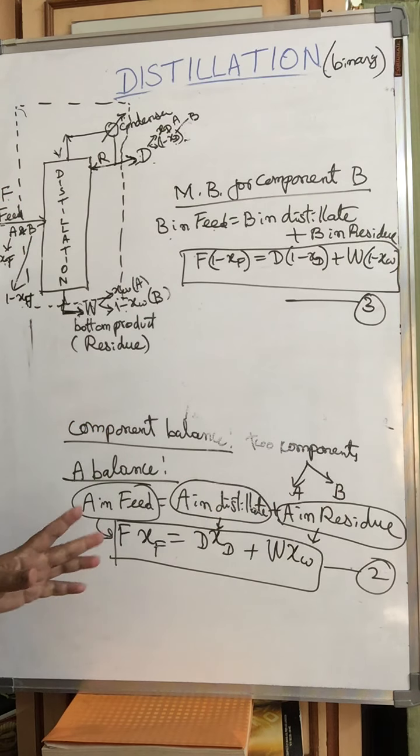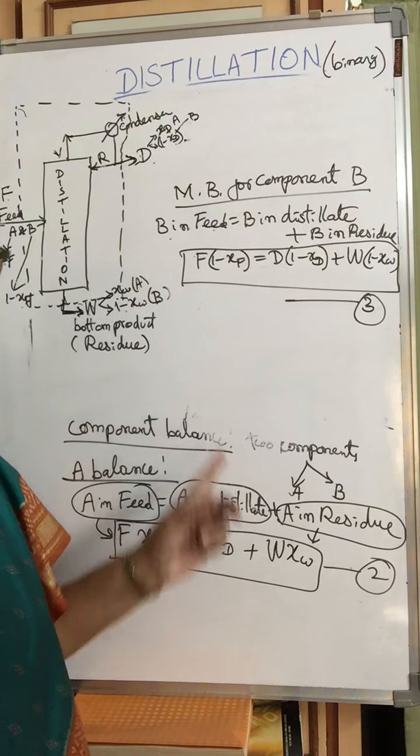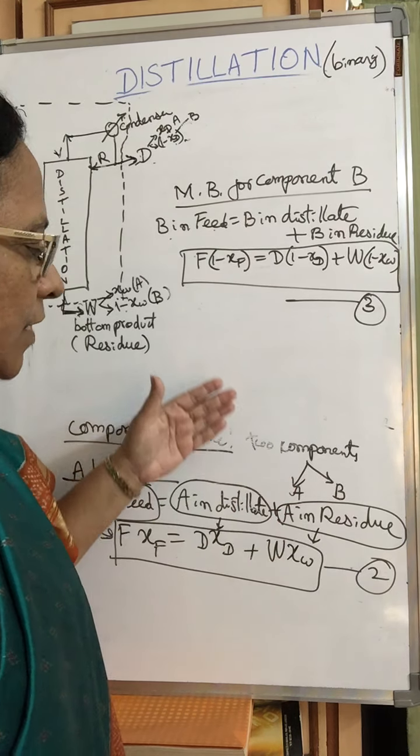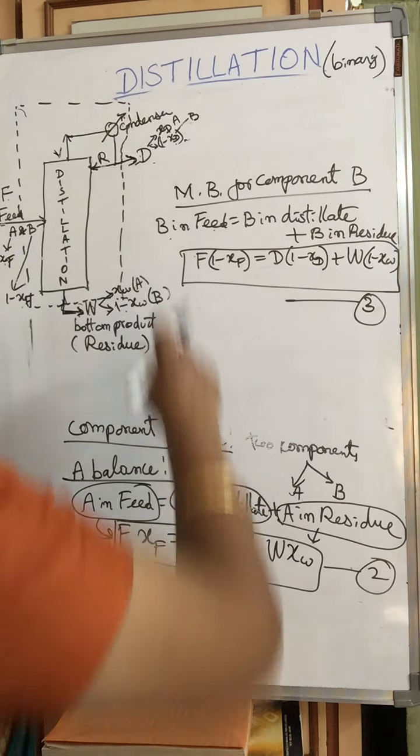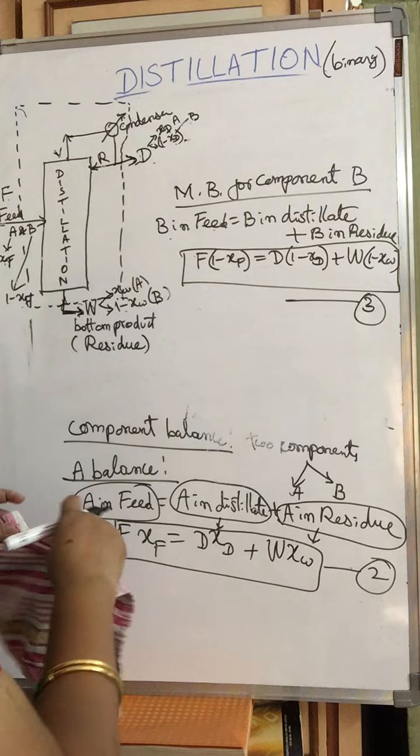Okay. Thus we wrote 3 equations. Overall material balance and component balances, A balance and also B balance. Okay. This is for the entire distillation column.